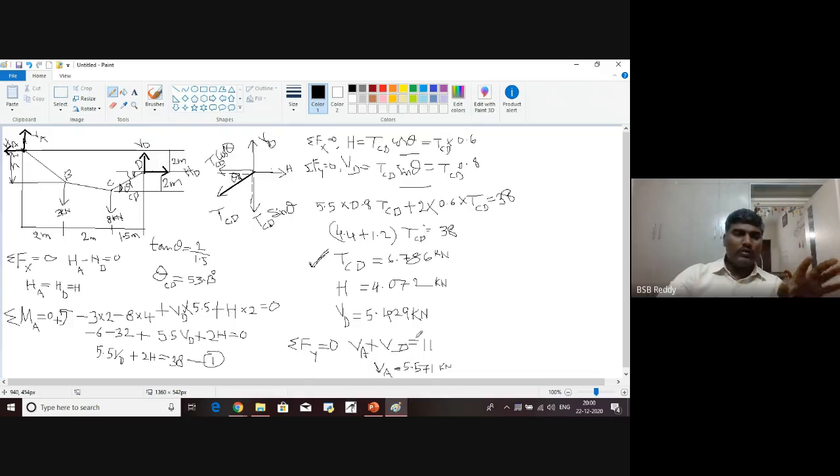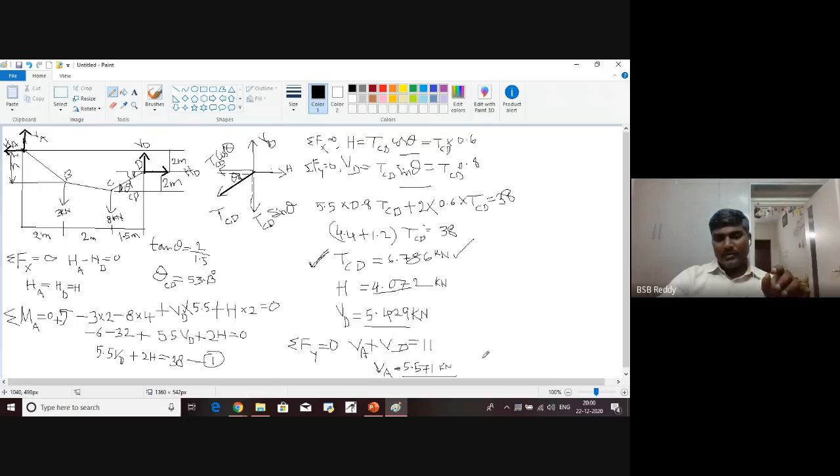See, so what we have solved till now: all the 4 external reactions, HA, HD, also VA, VD, both the H values. Along with them, we have solved for one tensile force in the cable, that is in the last segment.